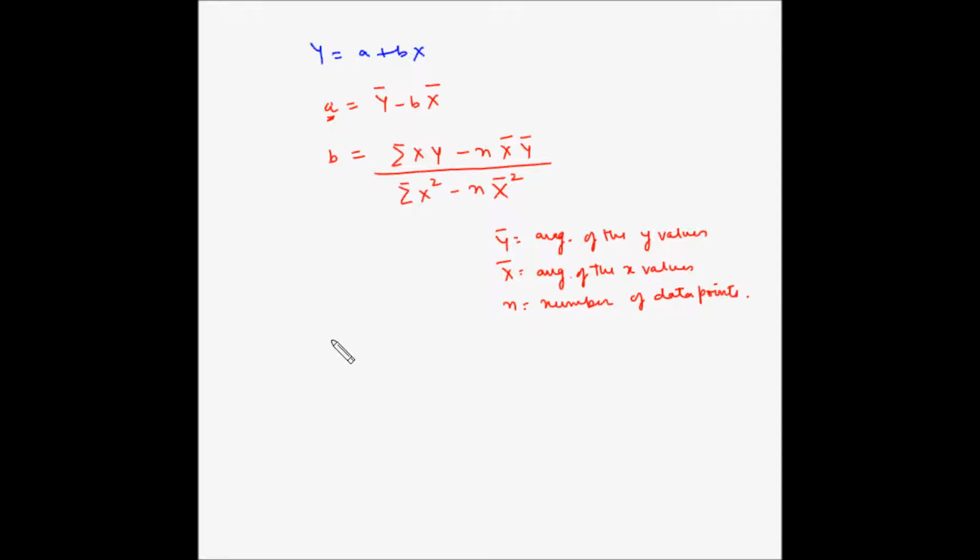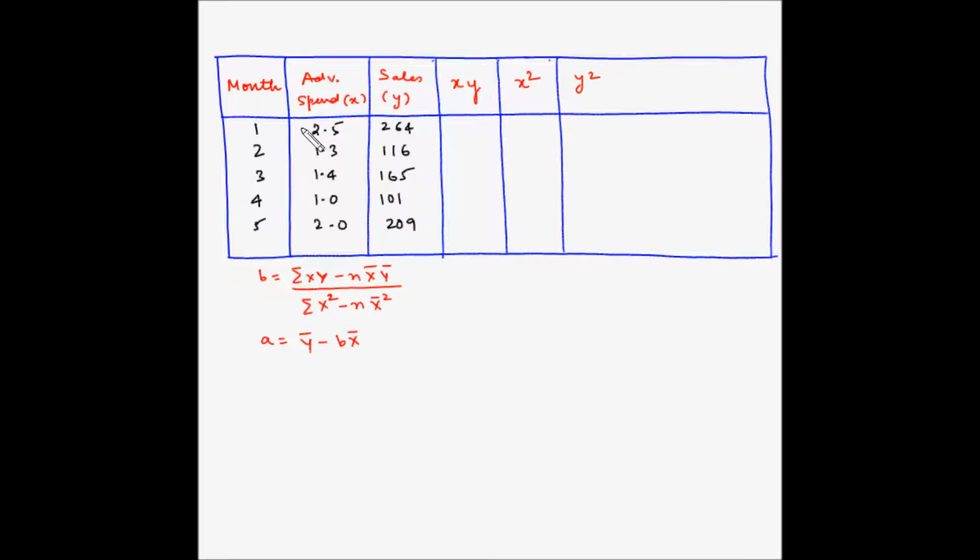So for this example, let us first find the values of a and b and then find this regression equation. This is the data that has been provided to us. We have advertising spend for each of the months, which is x in our case, and sales for each of the months, which is y.